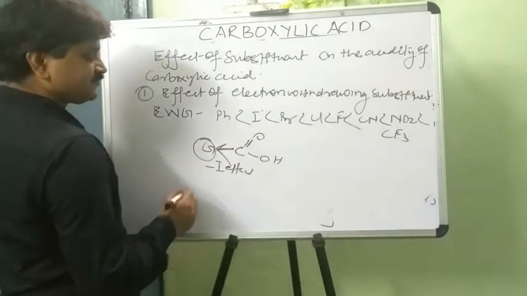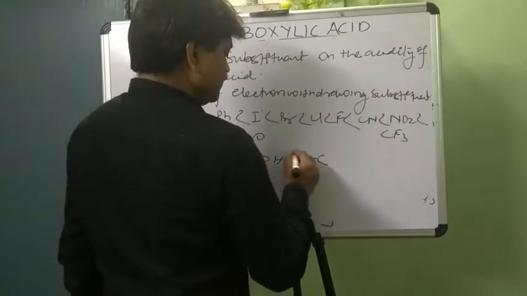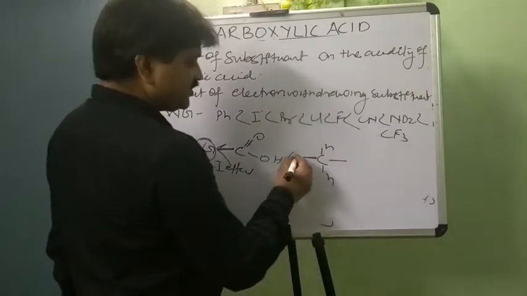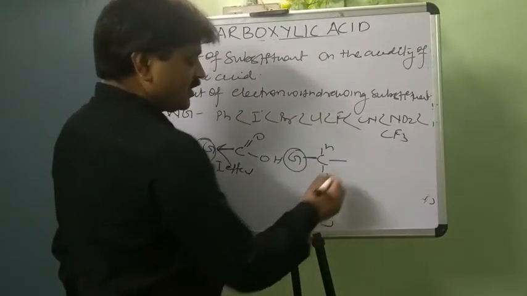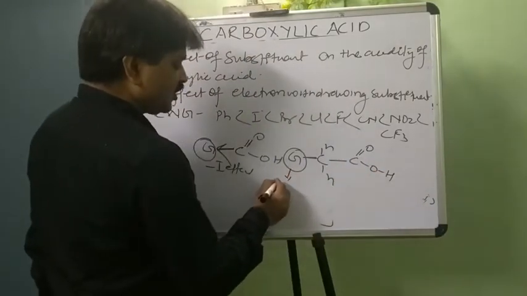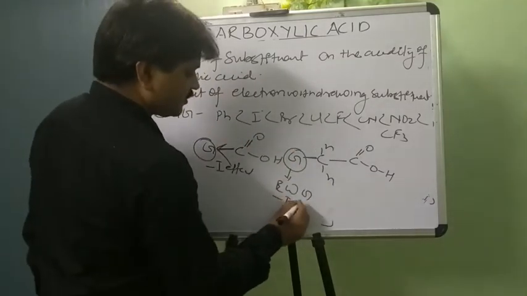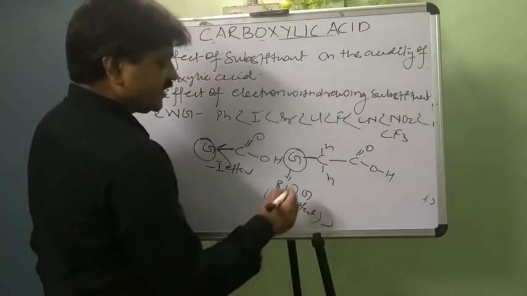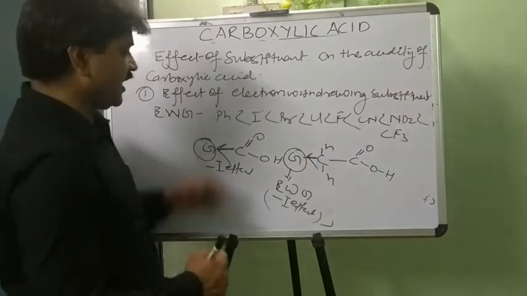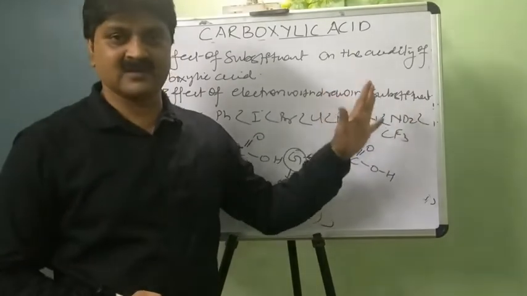So in this manner, you can see this is CH3, G, where the electron withdrawing group is attached, and COOH. Actually, it shows the minus I effect. What is the role of the minus I effect? It gets the electron from the carbon toward itself because it is more electronegative than this carbon. Like this: phenyl group, iodide, bromide, chloride, fluoride, nitrile, nitrate, and carbon trifluoride.